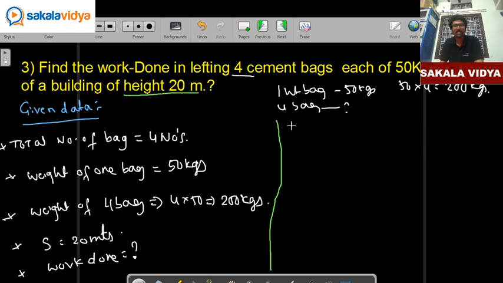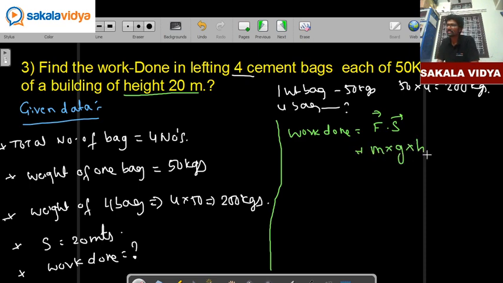What is the formula for work done? Work done is equal to F into S, where F is nothing but m into g into h. H is the height of the building.